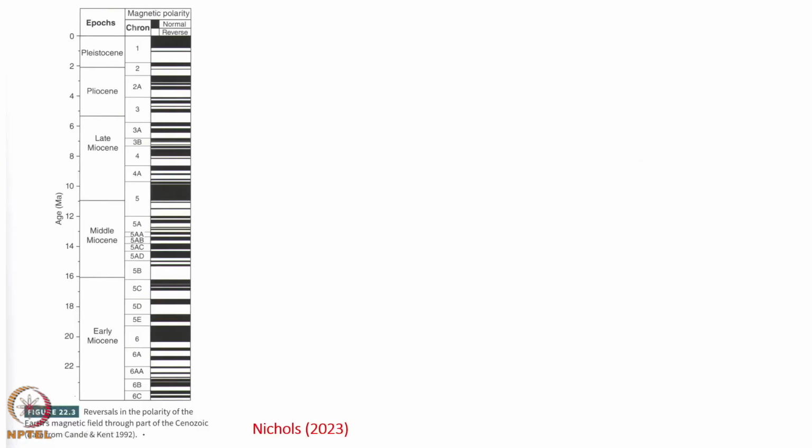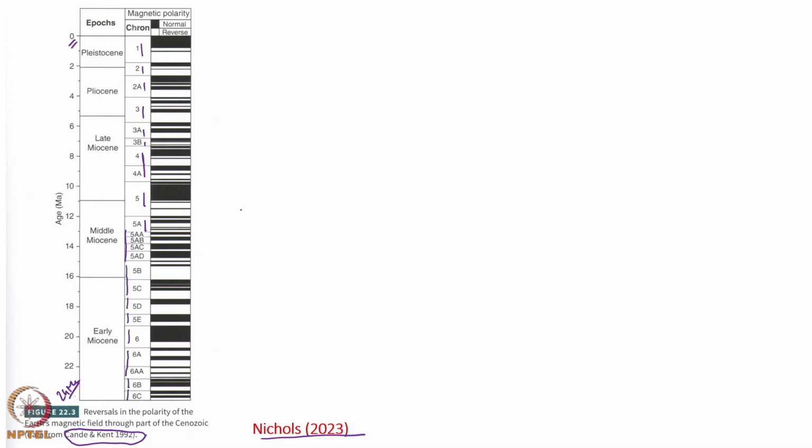A more recent version of the magnetic polarity time scale, right from 24 million years up to the present, is here, adopted in the 2023 textbook of stratigraphy, where the numbering has changed: 1, 2, 2a, 3, 3a, 3b, then 4 and 4a, then 5 and 5a, followed by 5ab, 5ac, 5ad, then 5bc, 5d, 5e, 6, 6a, 6aa, 6b and 6c.